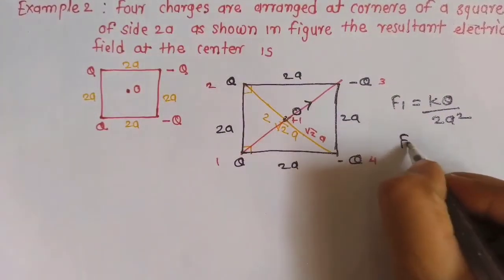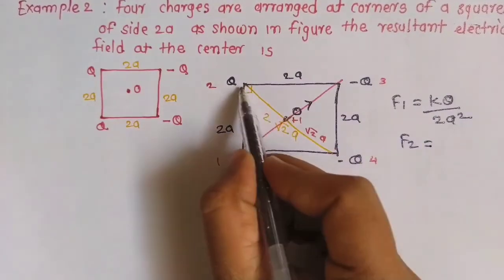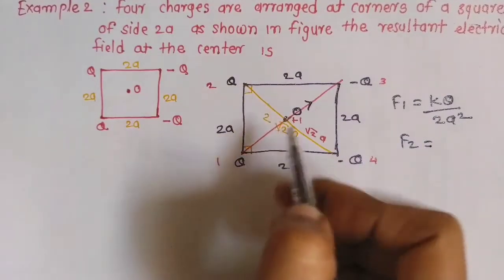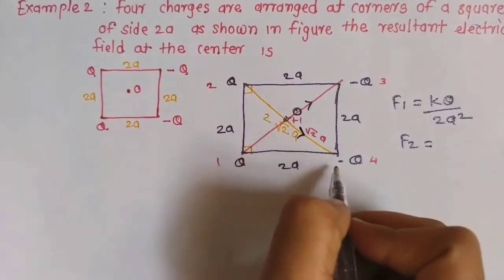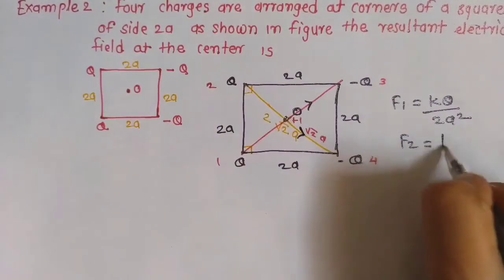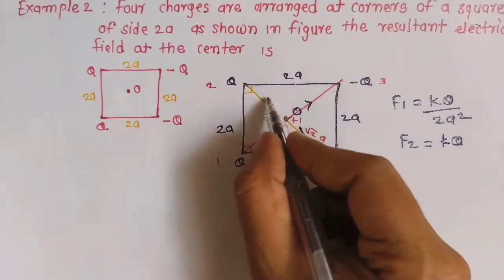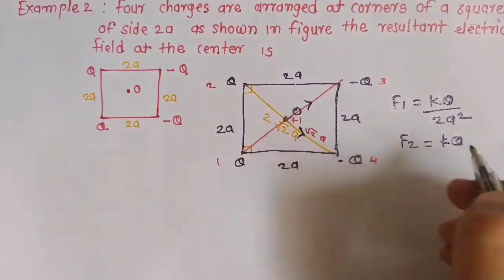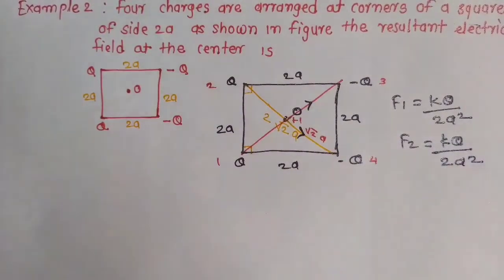Similarly, F2: this is a plus charge and the test charge is plus, so they repel each other, and the force is directed away from the charge. So K Q over root 2a whose square is 2a square.